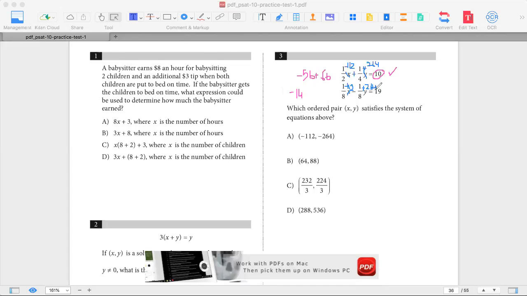Okay, and I have here positive 264 over 8. Why positive? Because it is negative here, and I have negative sign here. Negative and negative makes positive. So 264 over 8, which is 33.